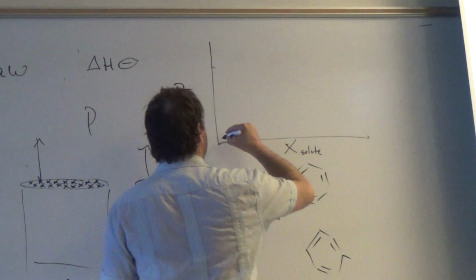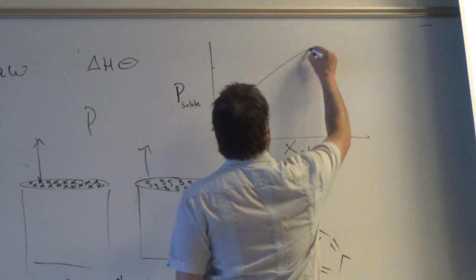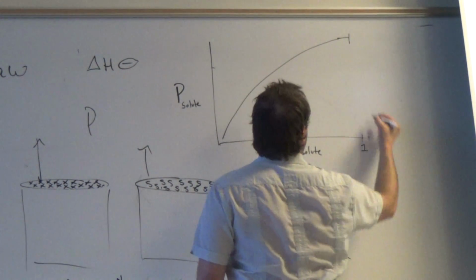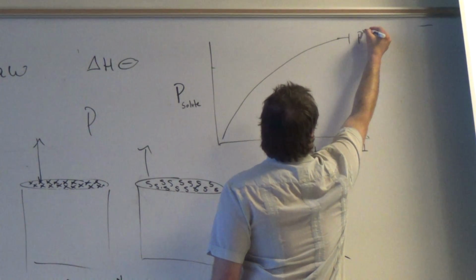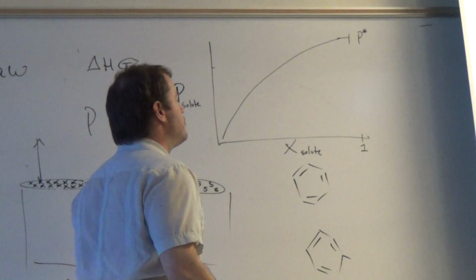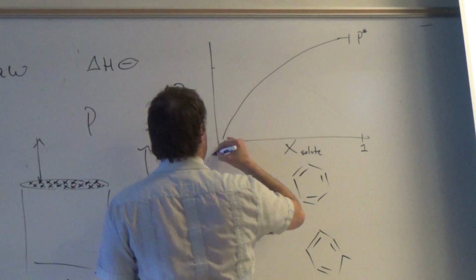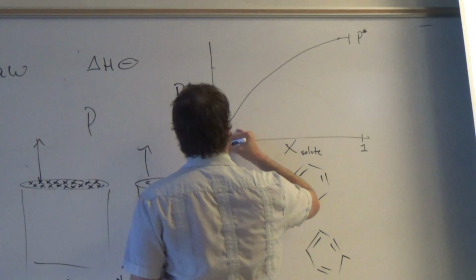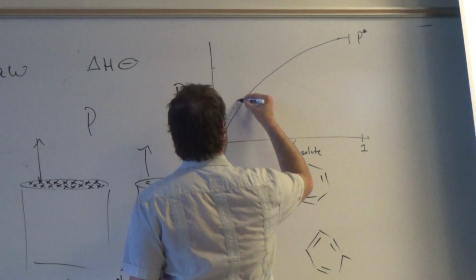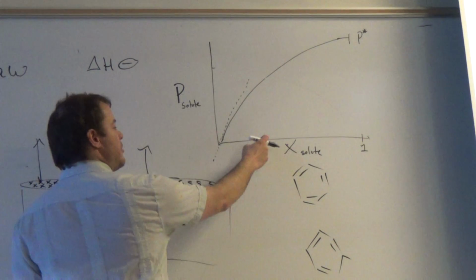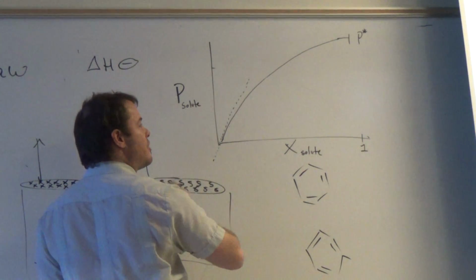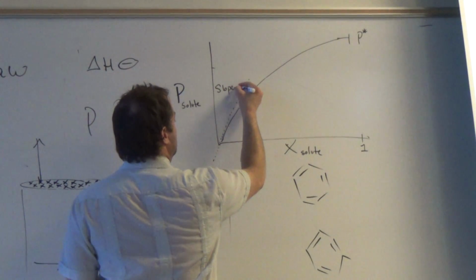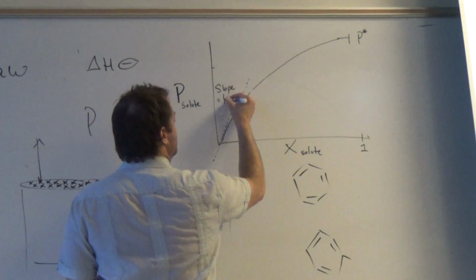And that graph will have some curvature, and at mole fraction equal to 1, this guy will be P of the pure. And if you take this curve and find a line that is tangent to it as mole fraction goes to 0, the slope of this line is equal to your Henry's law constant.